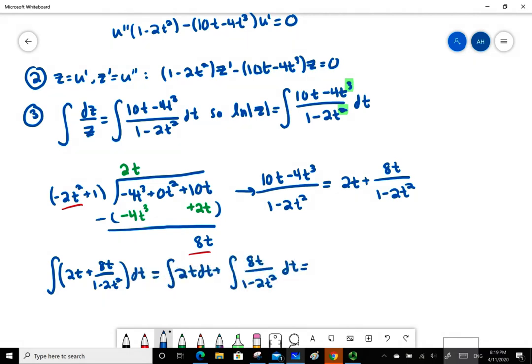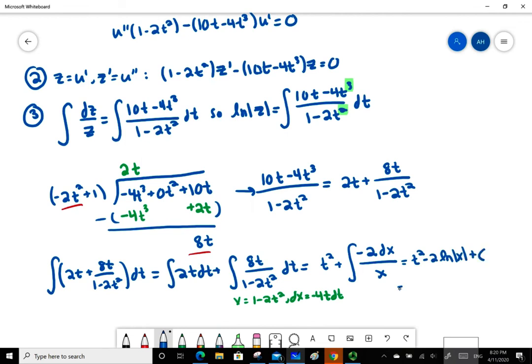And using substitution on the second integral, letting x equal 1 minus 2t squared and dx equals negative 4t dt, we get t squared plus the integral of negative 2 dx over x, which equals t squared minus 2 times the natural log of the absolute value of x plus c, which is t squared minus 2 times the natural log of 1 minus 2t squared plus c.